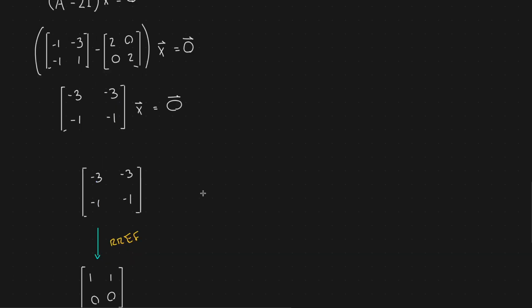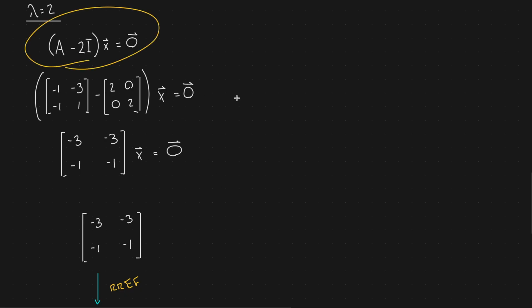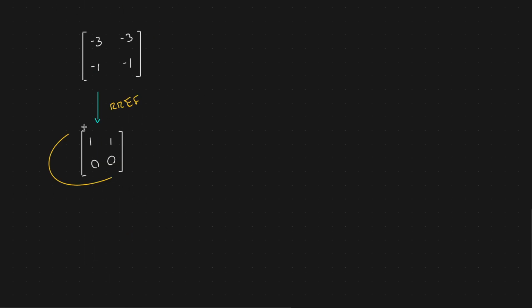So our eigenvectors are going to be a solution to the system, so I can use this matrix here to tell me what our solution is going to be. The augmented part, you can imagine the zeros here, right? And so x2, our second variable, is going to be our free variable. So let's say x2 equals t. And then looking at the first equation here, we would get 1x1 plus 1x2 equals 0.